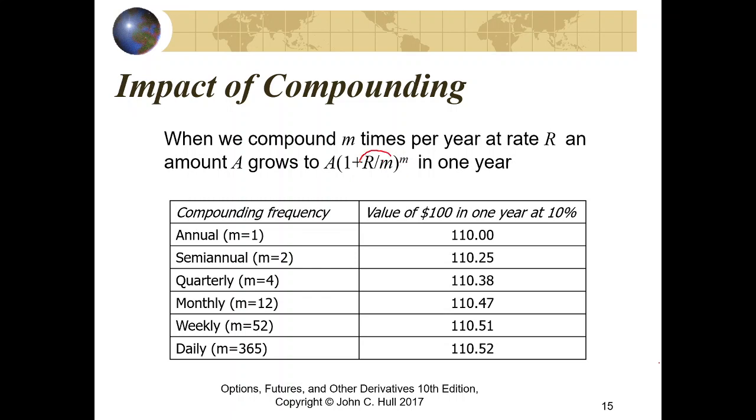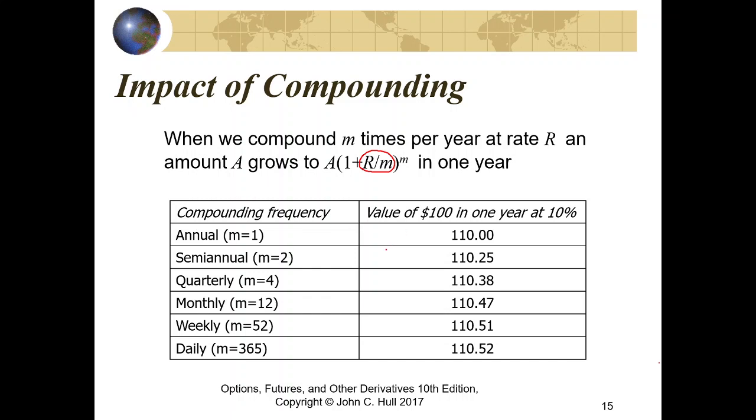And by dividing r over m, we are converting the APR rate into an effective rate, which we can use to calculate how much interest we will receive. When we want to discount or compound an amount, we will be able to do it using the effective rate.